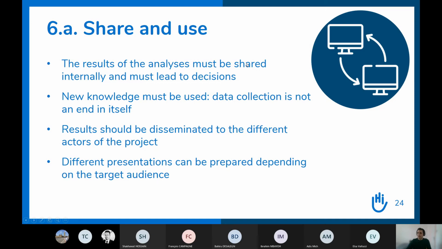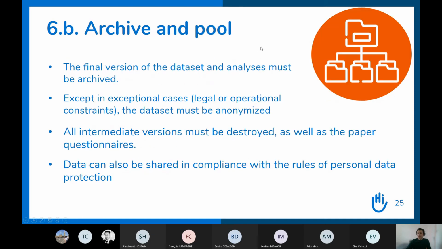And then in parallel, you are also going to archive your data. So once again, that's something we're going to talk a bit in the last session. But basically, you have to put somewhere a clean version of the final data set with all the explanations that go with it. If possible, and that's really our recommendation, it's to anonymize the data sets.